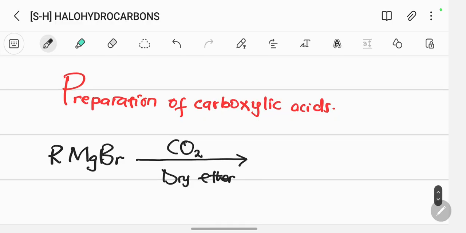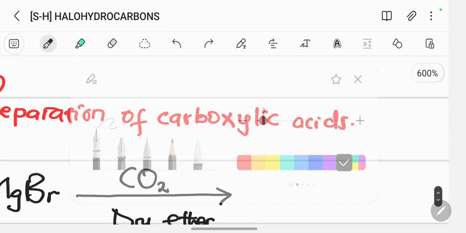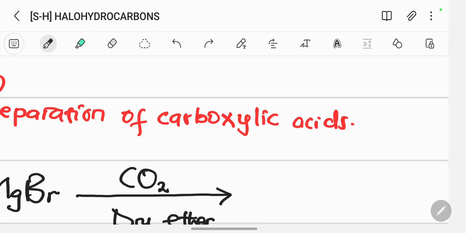So do you know that our carbon dioxide is of this kind? If you try to look at its structure, this carbon dioxide is of this structure.